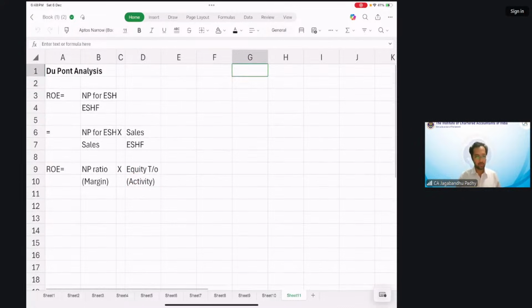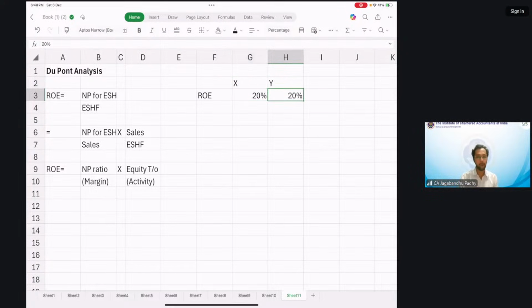So for example, let us say we have two companies, X and Y. Both are having a return on equity of 20%.